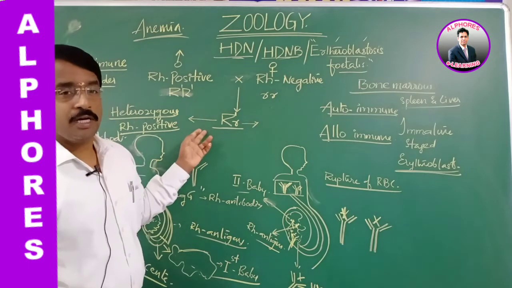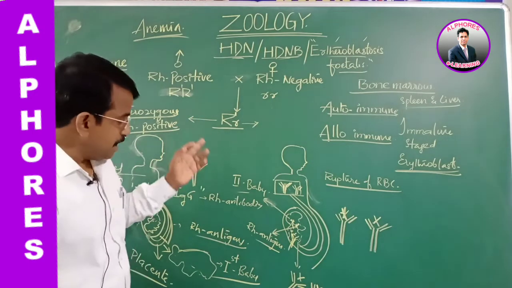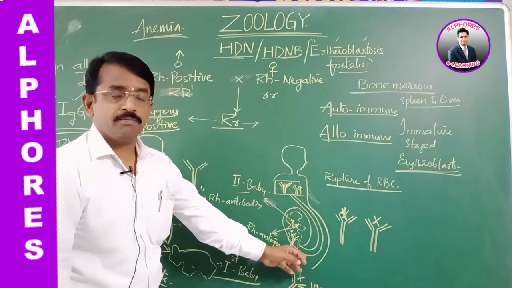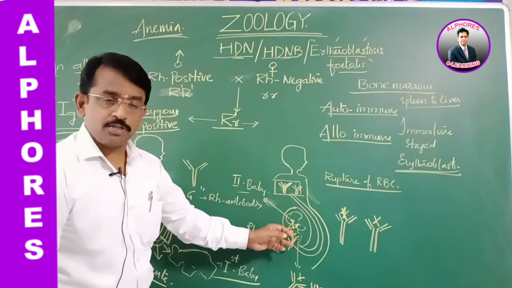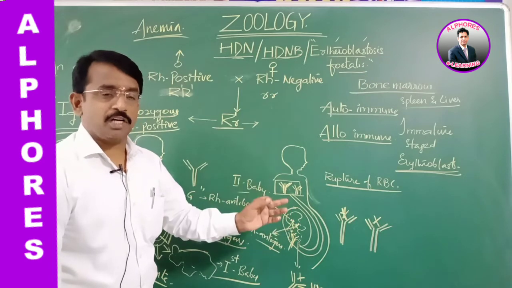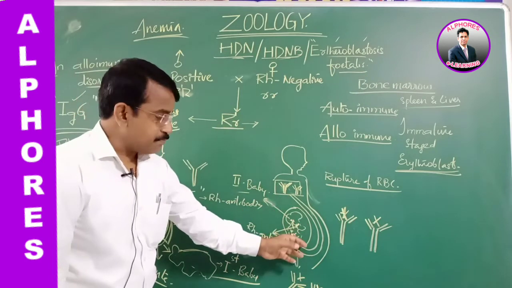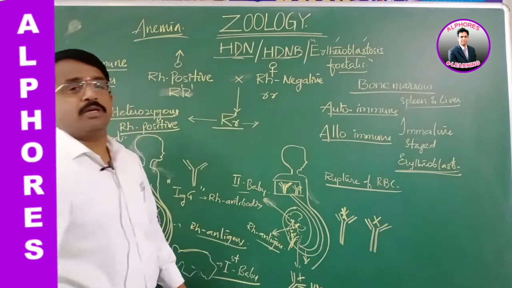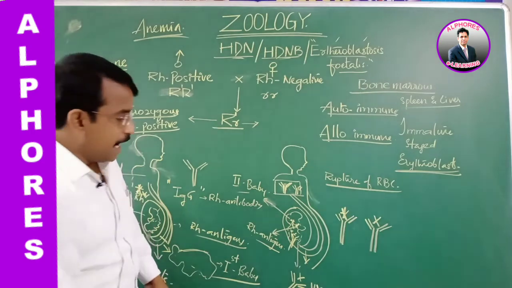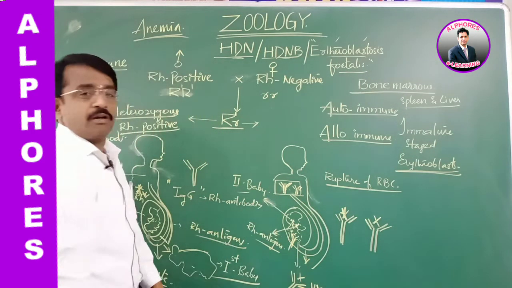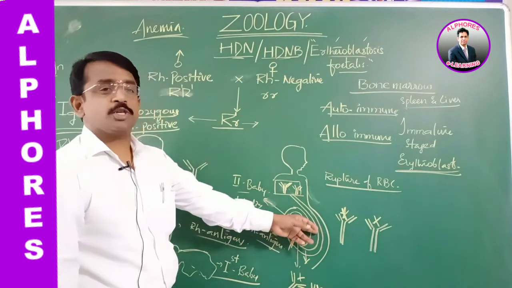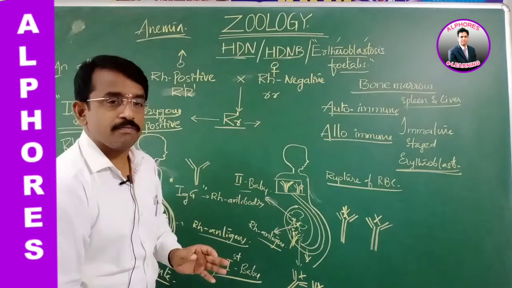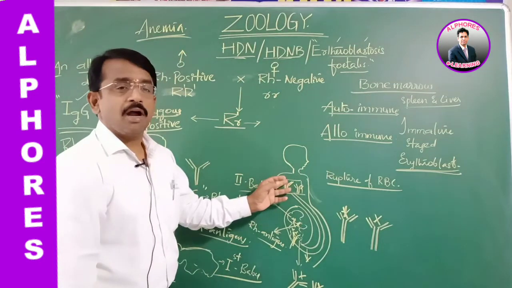This Rh positive fetus has intimate contact with the mother by means of the placenta. During childbirth the placenta ruptures and releases the Rh antigens into the maternal circulation. These Rh antigens reach the mother's immune system and sensitize it, which produces antibodies named Rh antibodies.